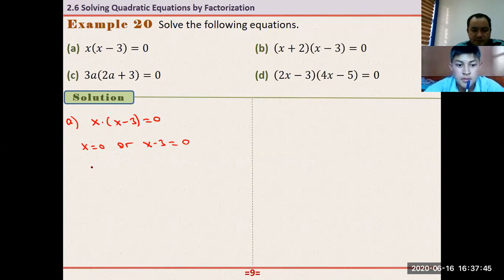Now, if you solve this separately, it's already here. How about x? What number minus 3 equals 0? 3. That is 3. So these are the roots. The answer solutions are 0 and 3. Okay, or you can just write here x sub 1 equals 0, x sub 2 equals 3. How about question B?